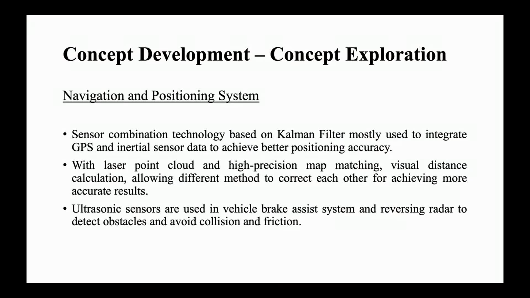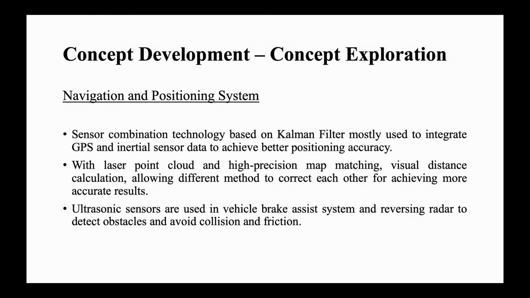We do not only need to handle the static road environment, but also track the paths of obstacles in real time. At present, the accuracy of GPS can reach less than 5 meters. In practical applications, sensor combination technology based on common features is mostly used to integrate GPS and inertial sensor data to achieve better positioning accuracy. In addition, some companies also use laser point cloud, high-precision map matching, and visual distance calculation to correct each other.